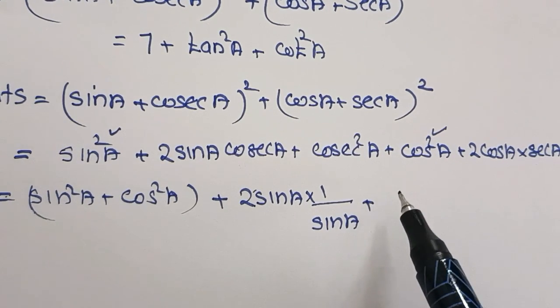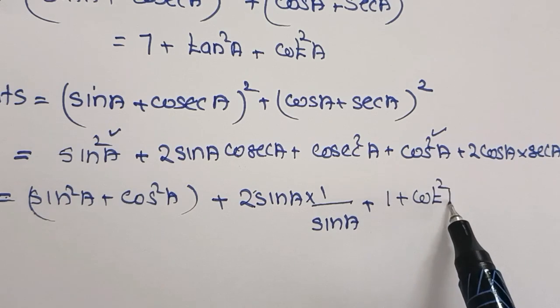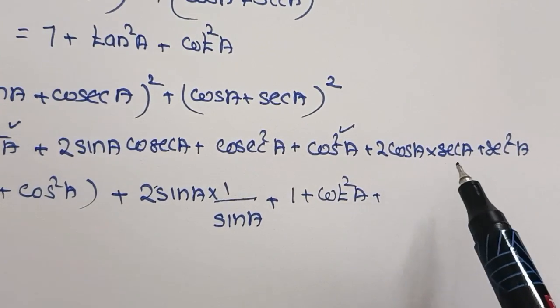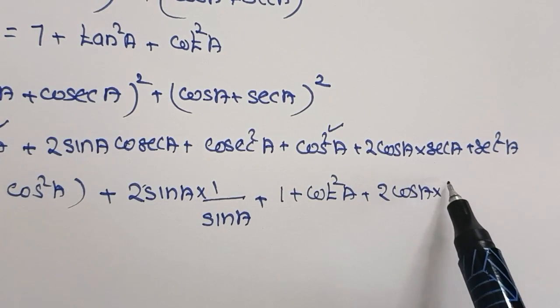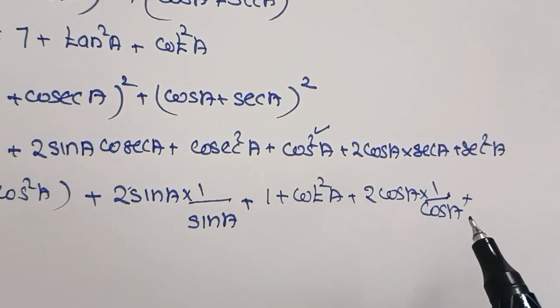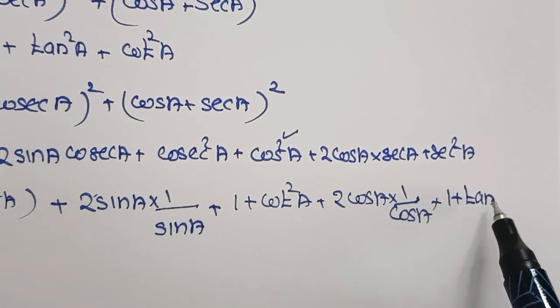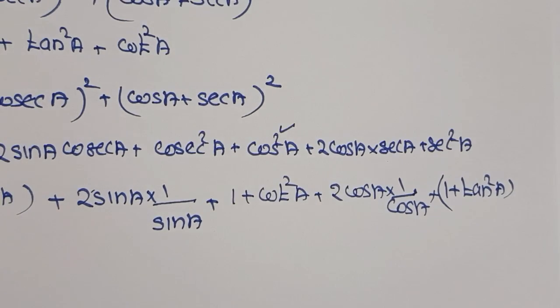So we can replace cosec square A by 1 plus cot square A, plus now next remaining 2 cos A into sec A, that is 2 cos A into, instead of sec A, we can write 1 by cos A, plus sec square A is same as 1 plus tan square A, isn't it? Sec square A equals 1 plus tan square A.